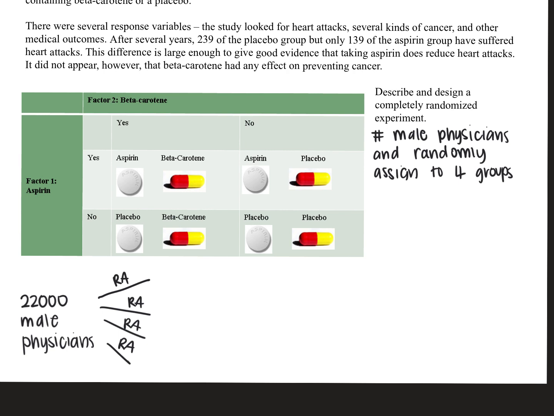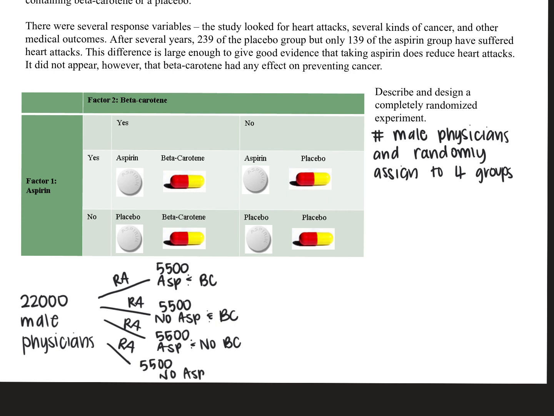So 22,000 divided by 4 is 5,500. So we had 5,500 that received the aspirin and the beta carotene, 5,500 that received no aspirin and the beta carotene, 5,500 received aspirin and no beta carotene, and then we have our 5,500 that received no aspirin and no beta carotene.